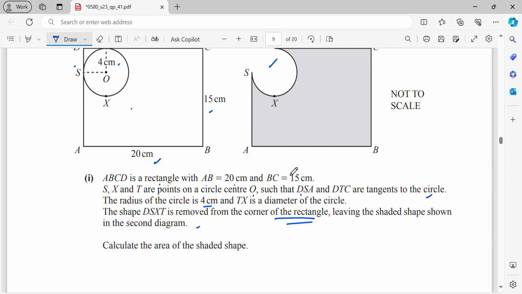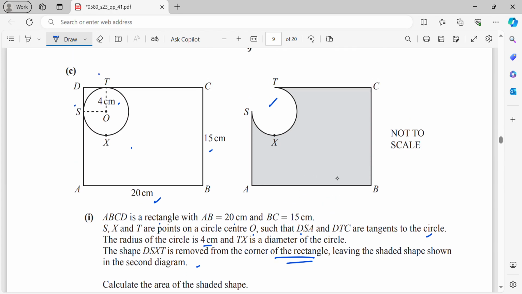Actually this one is very simple. You need to find the area, that means you need to find the area of ABCD first, then you minus the area of this whole part. I find one by one first.